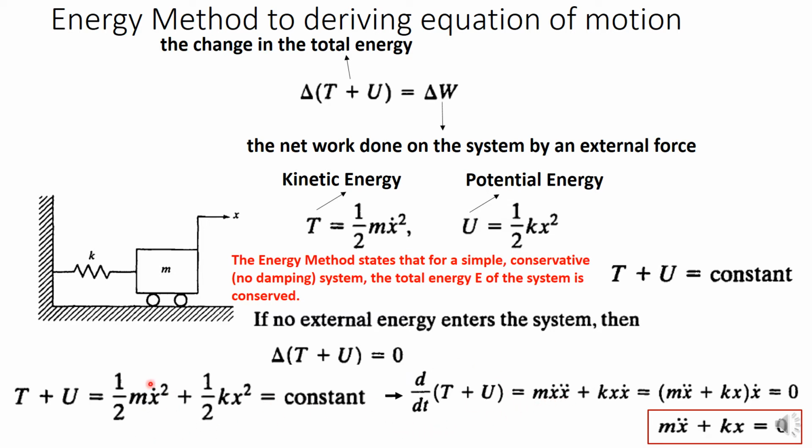So when we do the derivative for these terms, it will be m x dot x double dot, plus k x x dot, equal to 0. We can extract x dot here. So when we cancel x dot, we will get m x double dot plus k x equal to 0. So this will be our governing equation.